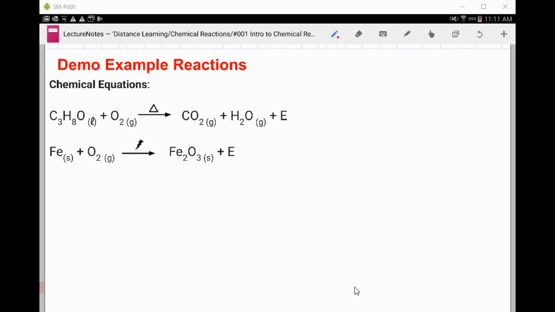And as the isopropyl alcohol is burning, the mass is going down. So same reaction, but two apparently different results.